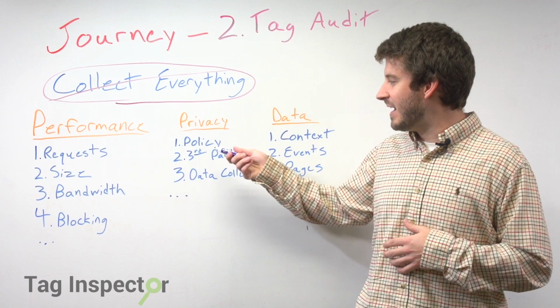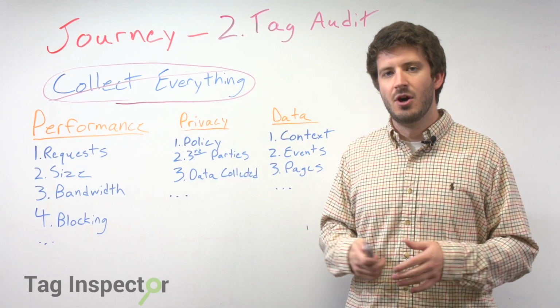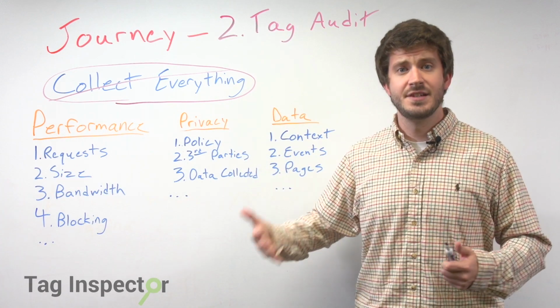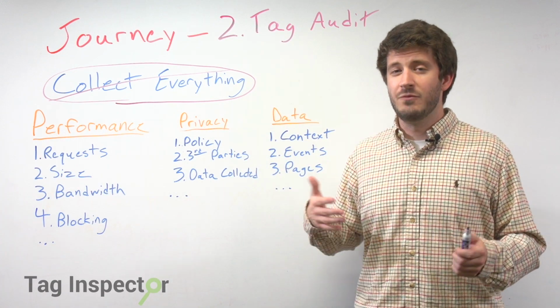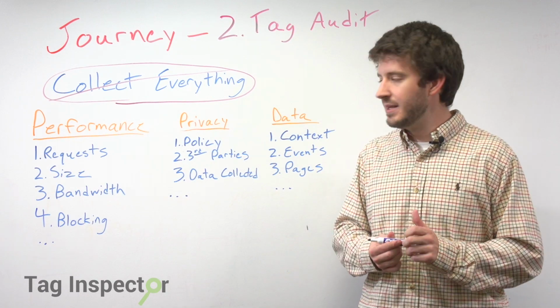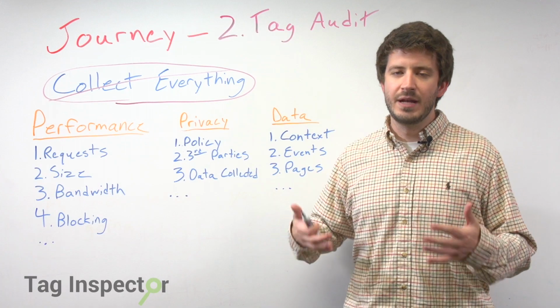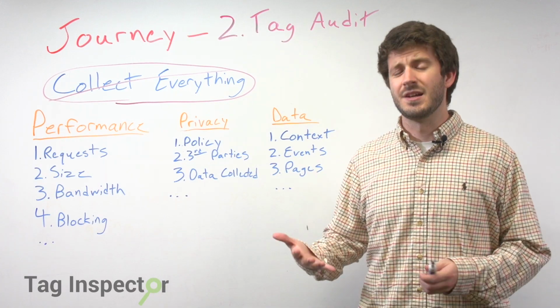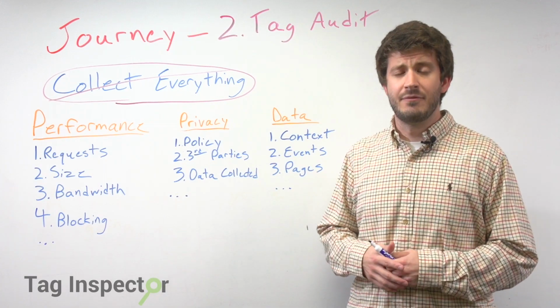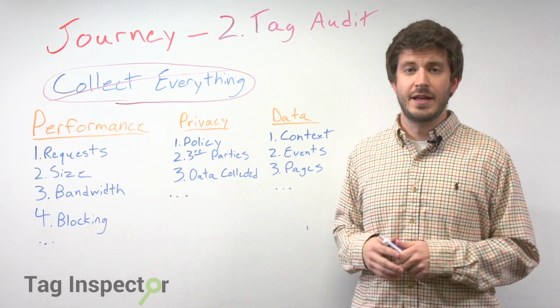We can't say for sure that our data collection practices are following a particular policy or behaving a certain way if we don't even know what platforms are there collecting information on the website. And then, getting into the nitty-gritty, we need to pull in information about what data is collected by these different platforms, and whether it's all compliant with our own internal policy as well as any regulations we need to consider.